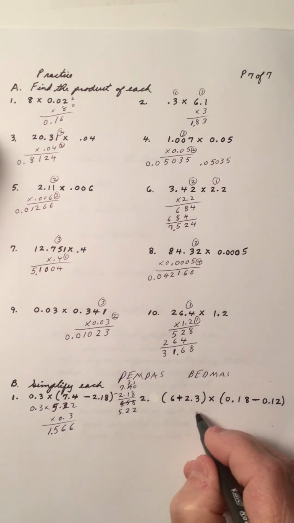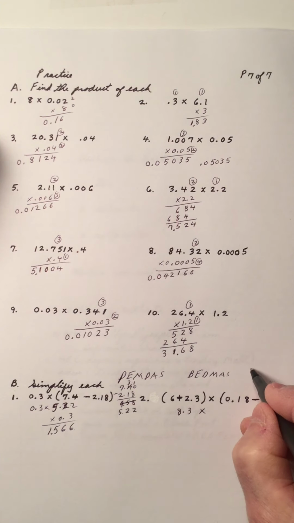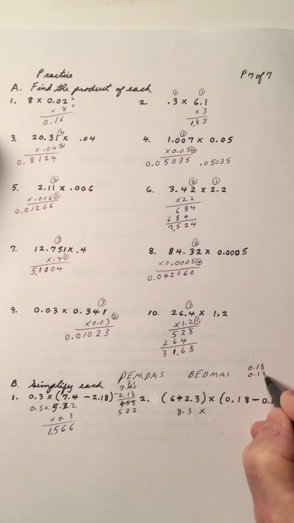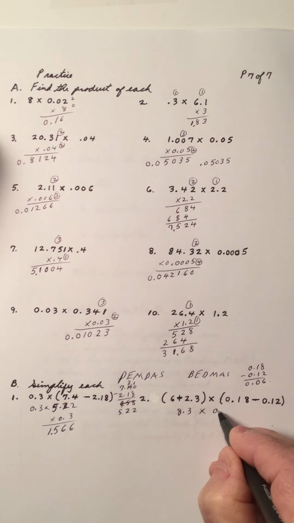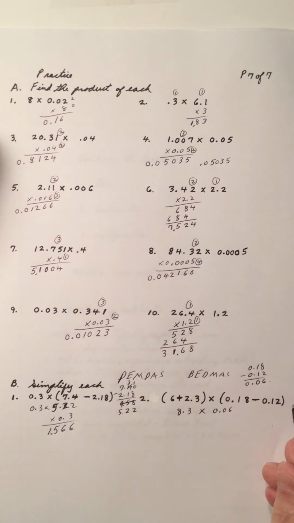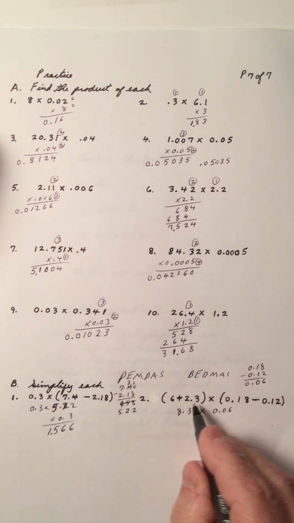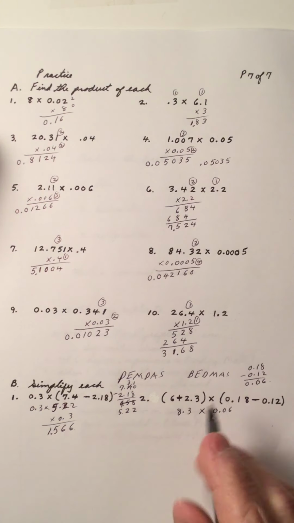That's done. Times. When I subtract here, I get 0.18 subtract 0.12. I'm subtracting. 8 subtract 2 is 6. 1 subtract 1 is 0. Bring down your decimal. So that becomes 0.06. When I multiply that out, notice I work my parentheses first. Now I'm going to multiply.